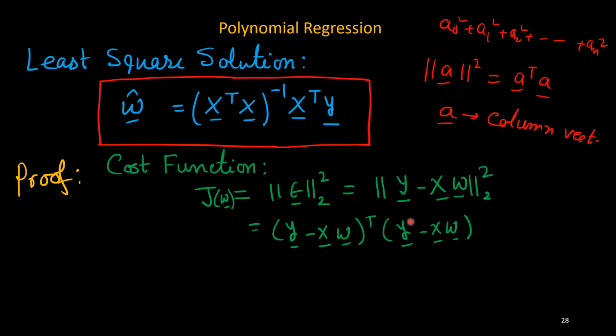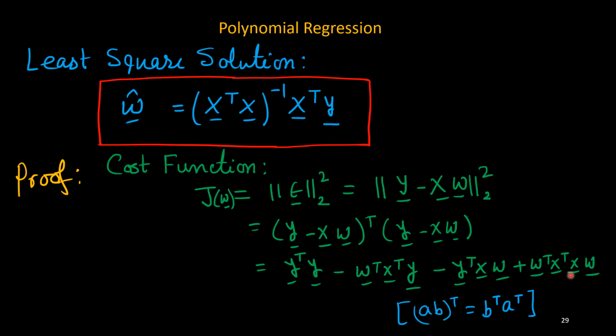Now we can expand this product. Then you will get these 4 terms, very simple. The first term will be y transpose y. The second one is its transpose: (xw) whole transpose will give you w transpose x transpose, because (ab) whole transpose is b transpose a transpose, so this term is w transpose x transpose times y.